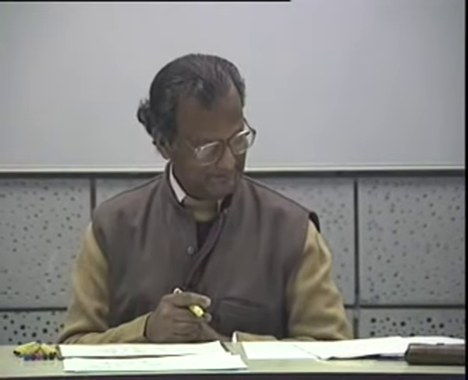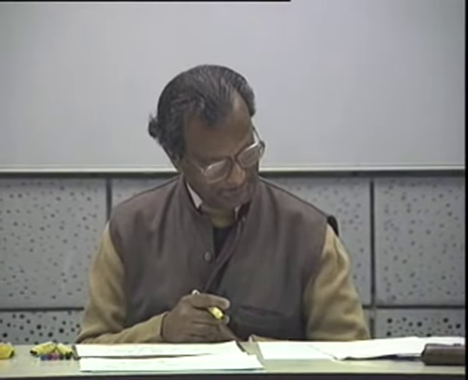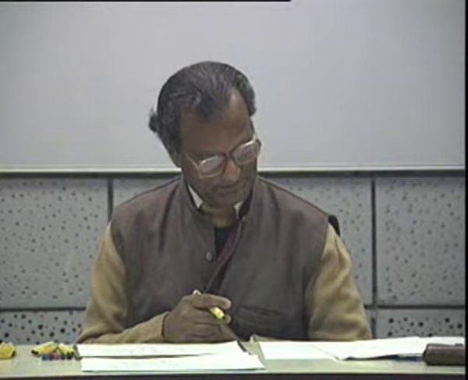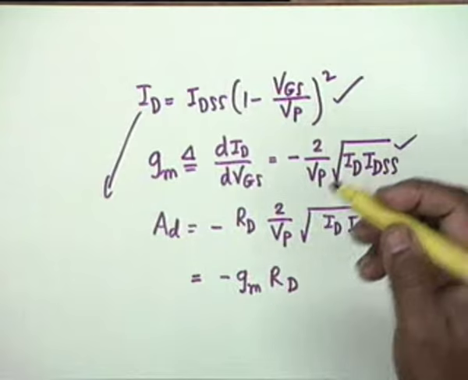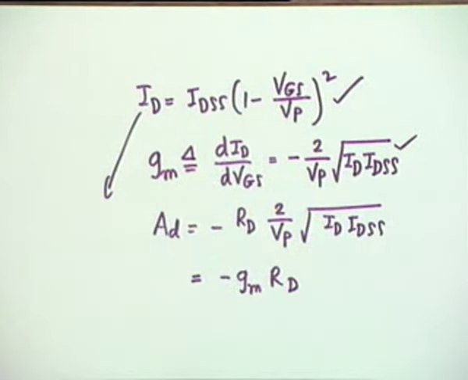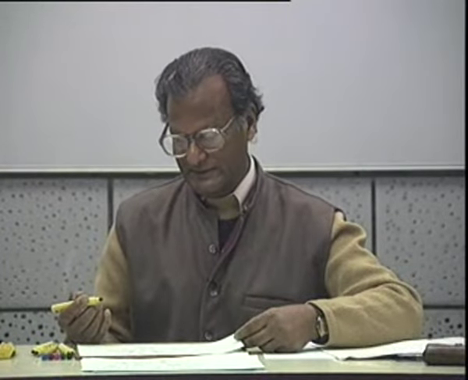Yes, because GM is minus... GM is positive. Pardon me? GM is negative, sir. GM would be negative, yes, that is correct. No, sir, GM will be positive. What is the significance of negative conductance?